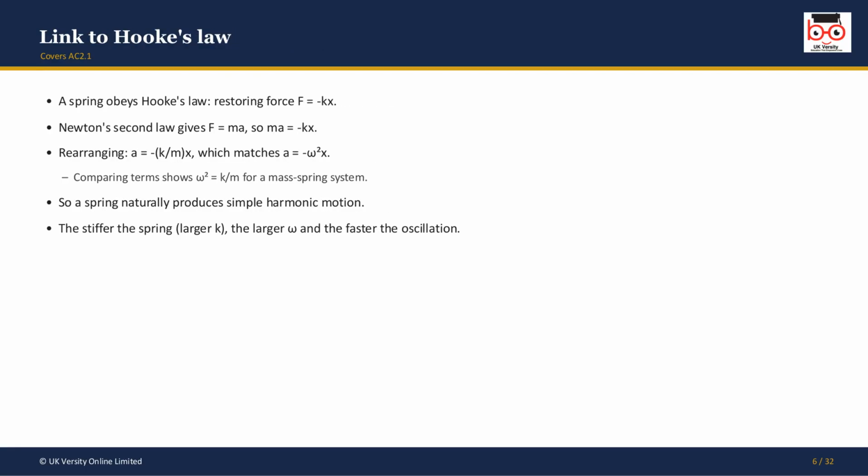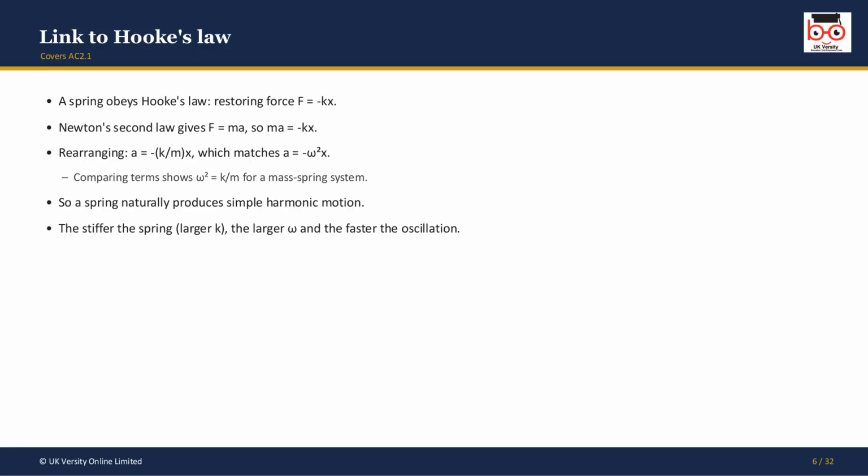Take a spring, which obeys Hooke's law. The restoring force is minus k times the displacement, where k is the stiffness. Newton's second law says force is mass times acceleration. So mass times acceleration equals minus k times displacement.